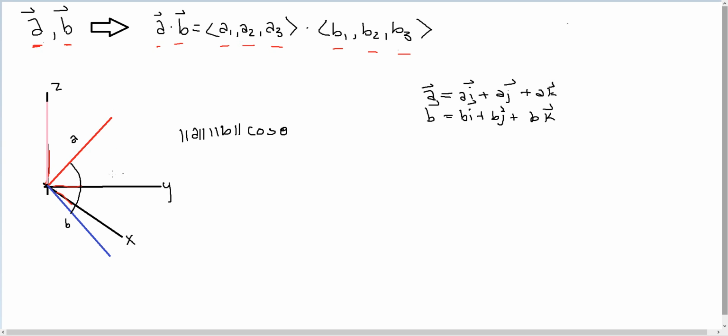All that says is that the length of the vector A times the length of the vector B scaled by the cosine of theta is equal to the scalar product of the two vectors.